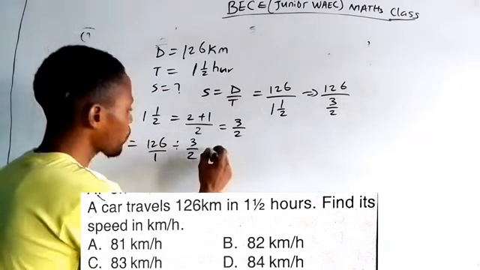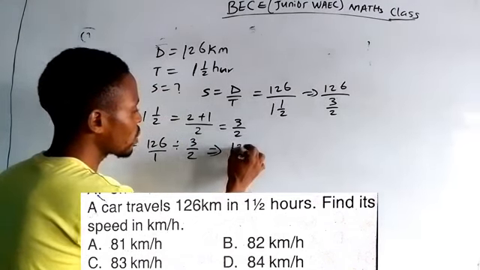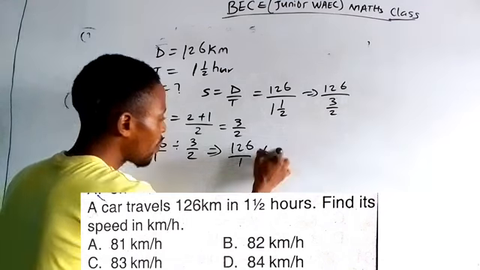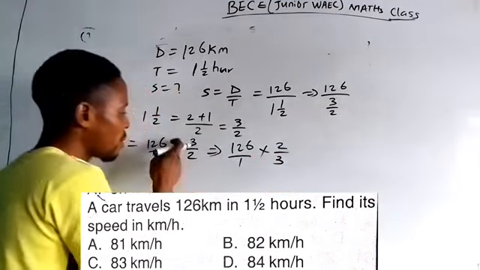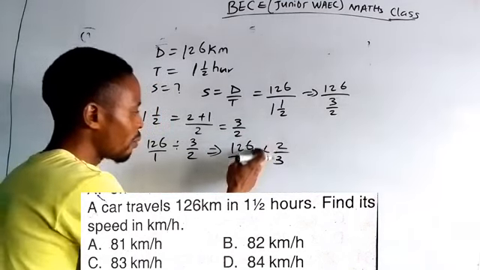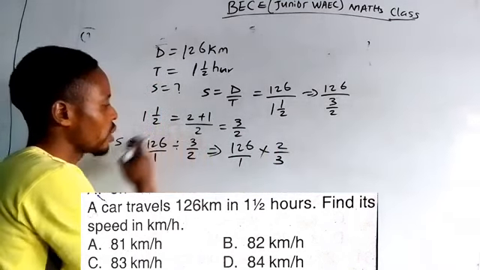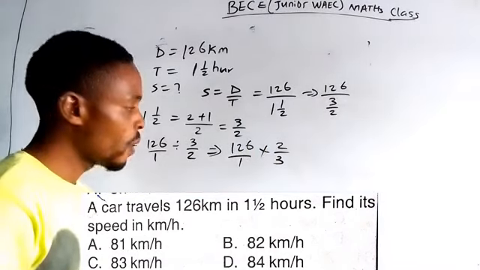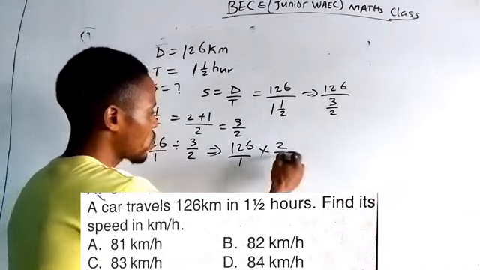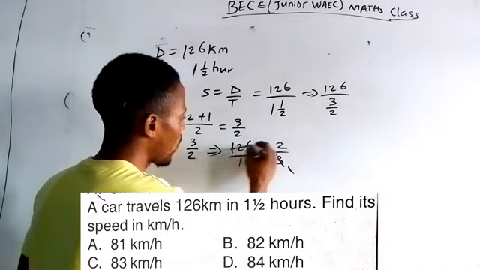So we have 126 over 1 multiplied by 2 over 3. The division here has changed to multiplication this way, so there is an interchange. So we have 2 here, and it turns back. So what we do here now, 3 into 126 gives 42.